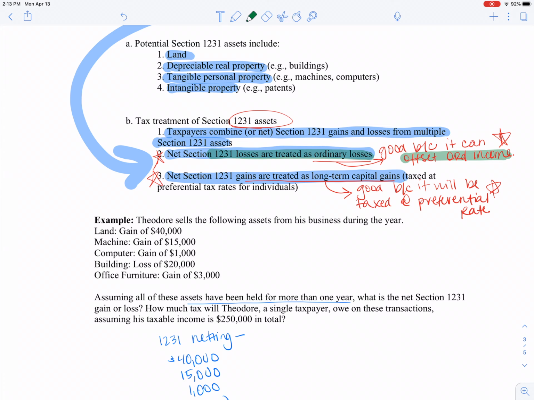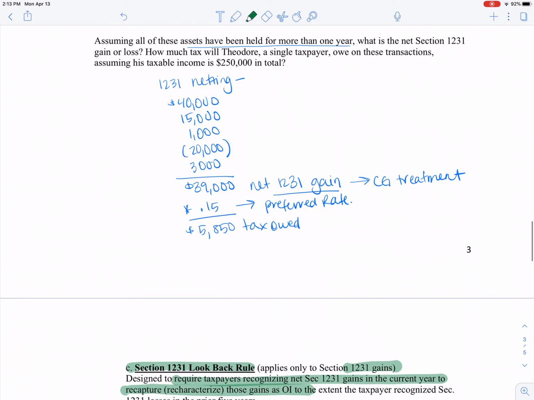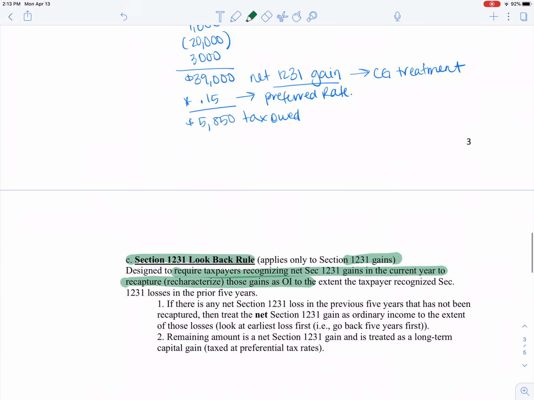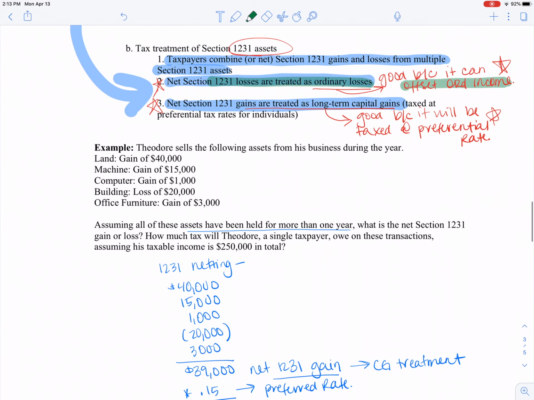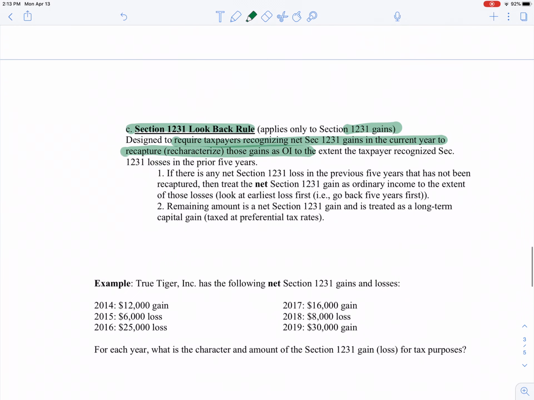So in 2019, I have a loss. And then in 2020, I have a gain. And I'm happy about that because my gain is going to be treated as a long-term capital gain, and it's going to be taxed at a preferential rate. The 1231 look-back rule says, well, if you have a gain in this year, you need to look back and see if you've had any losses that offset ordinary income in the prior 5 years.